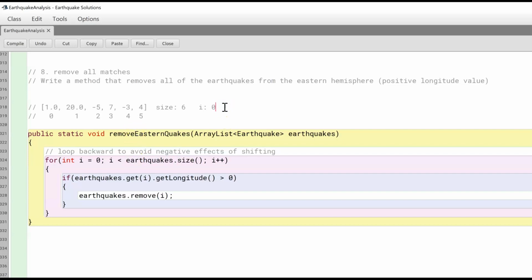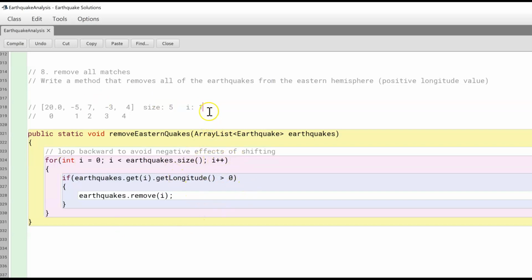So i starts at 0, and this one's a match. I remove it, so everything shifts down. We now have a size of 5, and i goes up to 1 because we go on to the next update of the for loop.